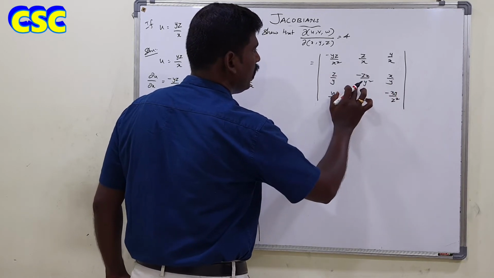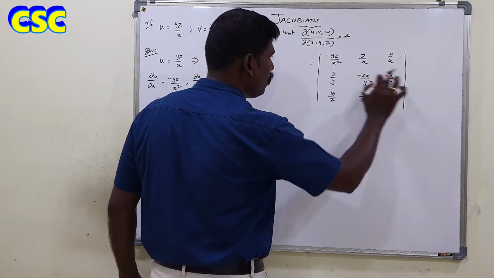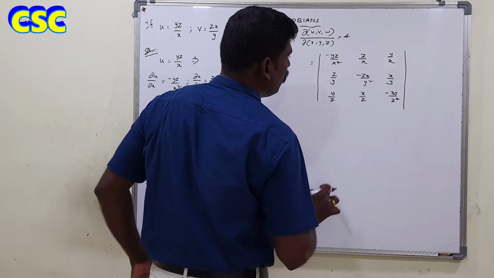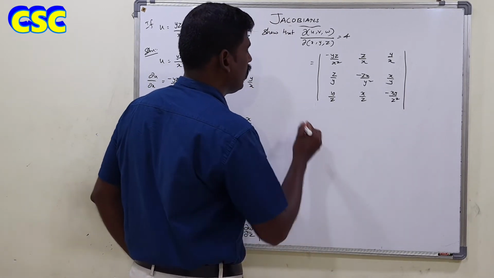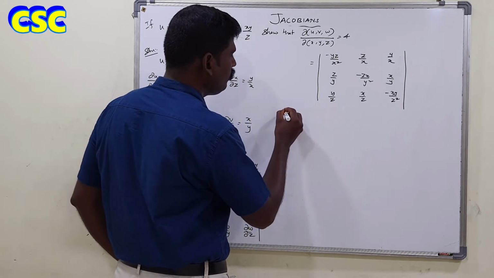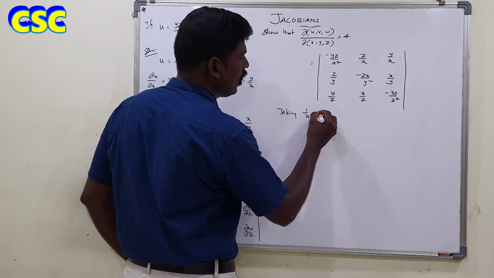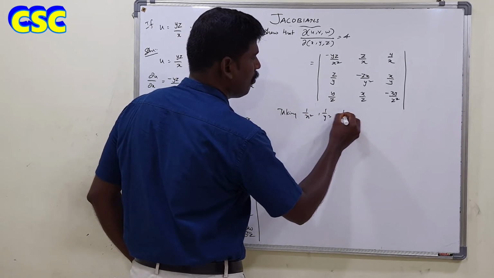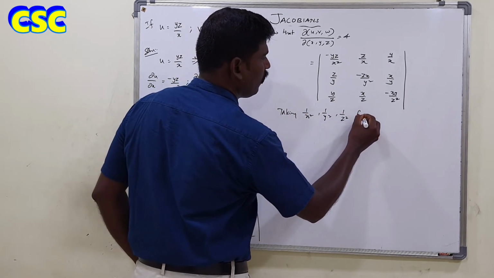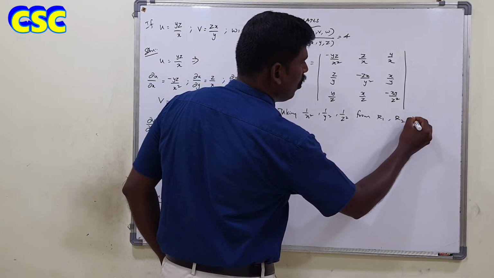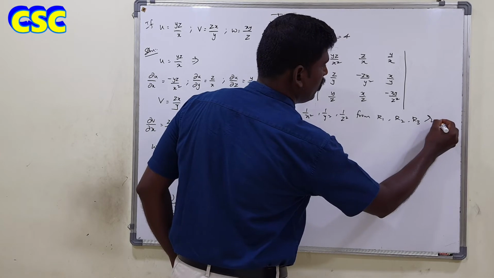In the denominator of row 2 is y square, maximum power is y square, and the denominator of R3 is z square. Is it right? So taking 1 by x square, 1 by y square, 1 by z square from R1, R2, R3 respectively.